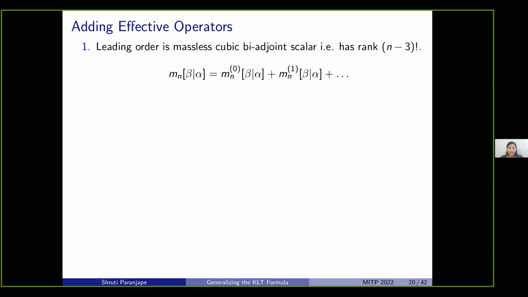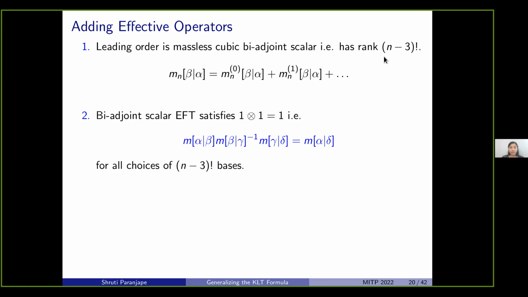So, all right, let's start doing what I promised, which is to add effective operators to the KLT kernel. Now, I do this in the regular way. I say that my total amplitude is some leading order stuff plus subleading stuff. And I enforce that this full matrix of amplitudes has rank (n-3) factorial.